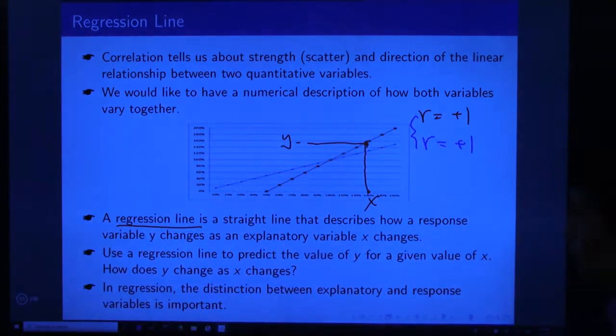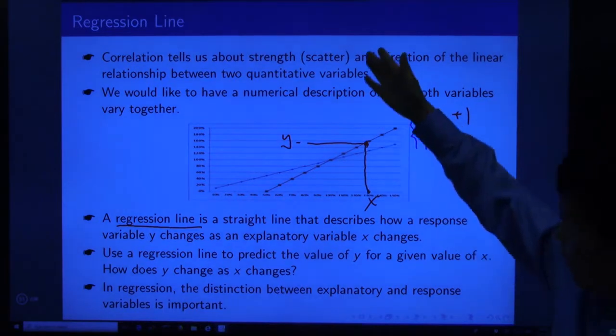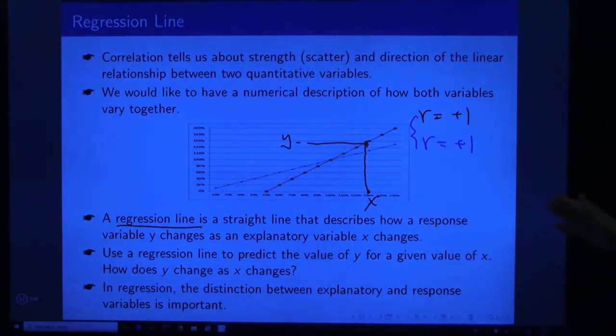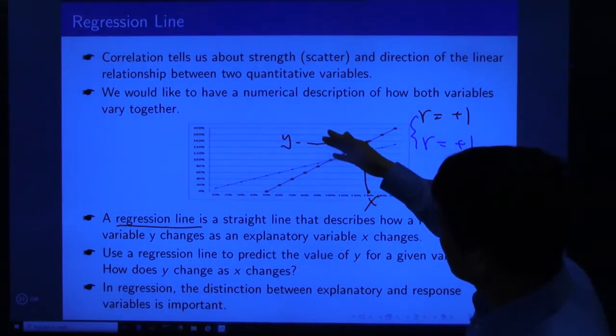A regression line is a straight line that describes how a response variable y changes as an explanatory variable x changes. In this example, with the increase of x, y changes faster.